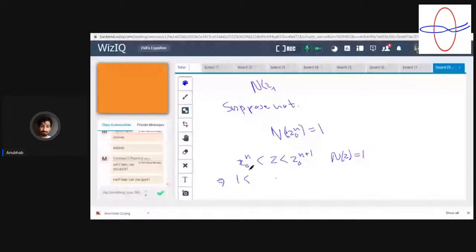As the norm of z naught is 1, 1 by z naught is equal to z naught conjugate.